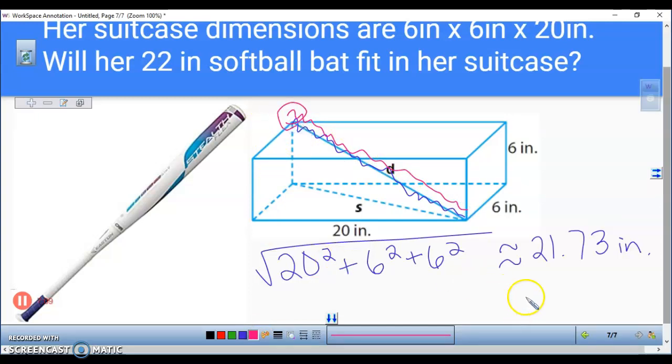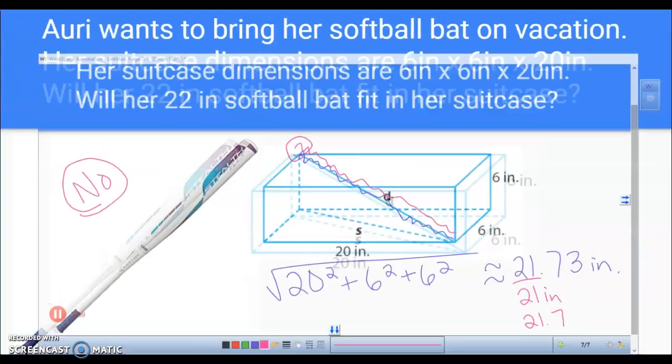It will be just a little bit short. We have to round down here. 21 inches or 21.7 inches will be the most that could fit. Since this is 22, it will not fit in the suitcase. It is just a little bit too long. A 21-inch bat would fit, but a 22 would not.